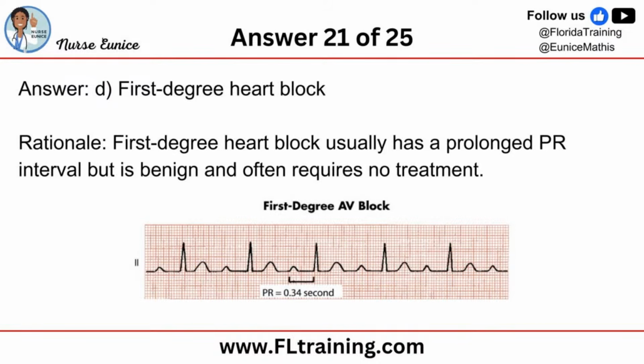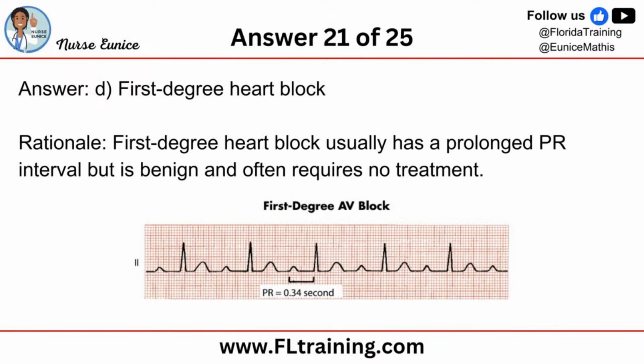It's just that it's taking longer for the P to QRS, the PR interval, to conduct, and that could be because of medications. And so the correct response is D, first degree heart block. It usually has a prolonged PR interval, but it's benign. It's just something we monitor, and it often does not require any treatment.